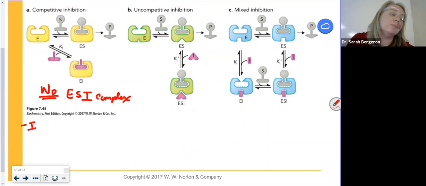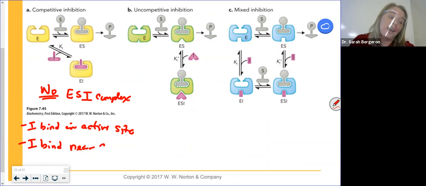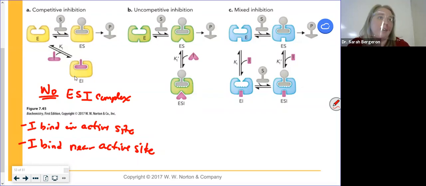So what are the different ways that this could happen? You could have the inhibitor bind in the active site, just like it's shown in the picture. It looks almost exactly the same. But it doesn't necessarily have to. It could bind near the active site and then just prevent our substrate from attaching, right?